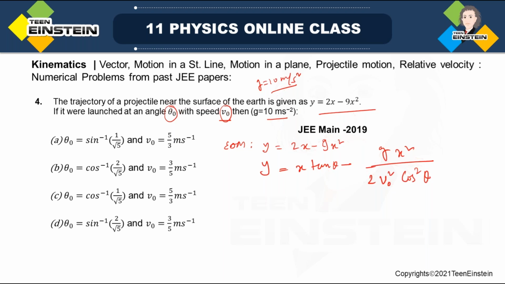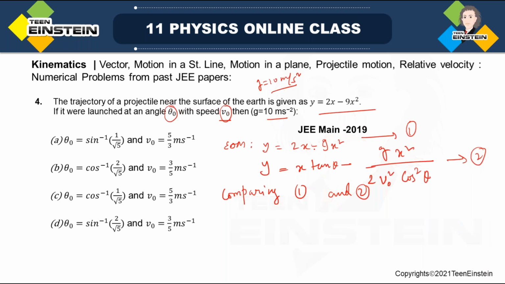This is the general formula. So if we compare this equation 1 and our known equation 2, then what are the outcomes we are getting from here, comparing 1 and 2?